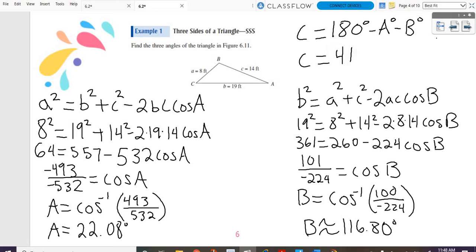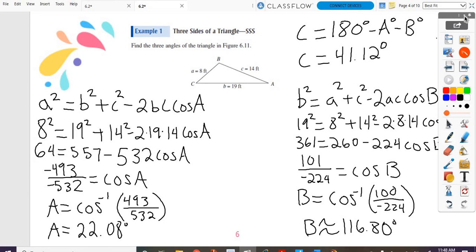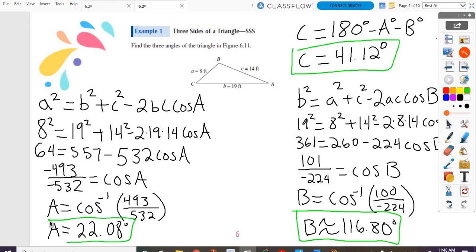Do we agree? Alright, and so we have solved our triangle by finding our 3 missing angles. Are we all okay with that?